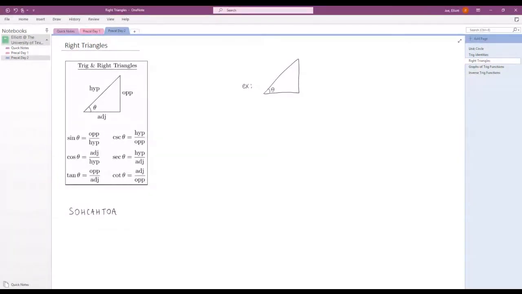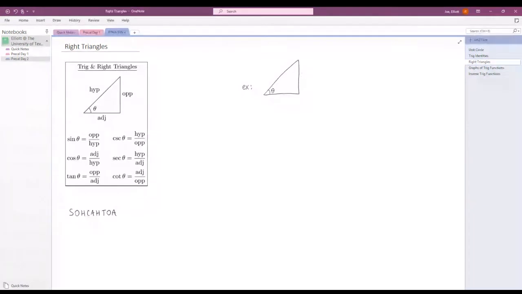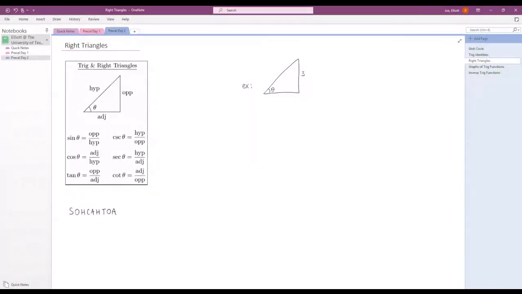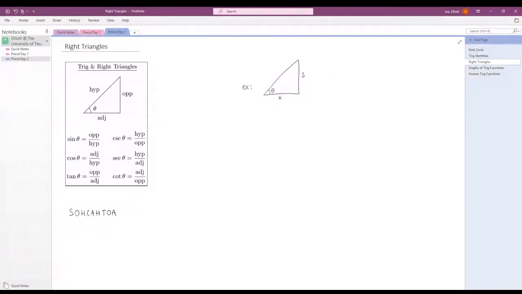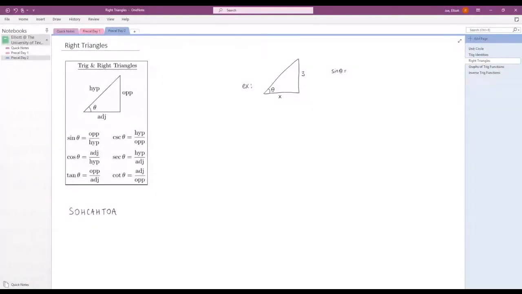This angle is theta. Let's say we know that this side has a length of 3, and this side has a length of x. Based off that information, I want to know what sine of theta is going to be.